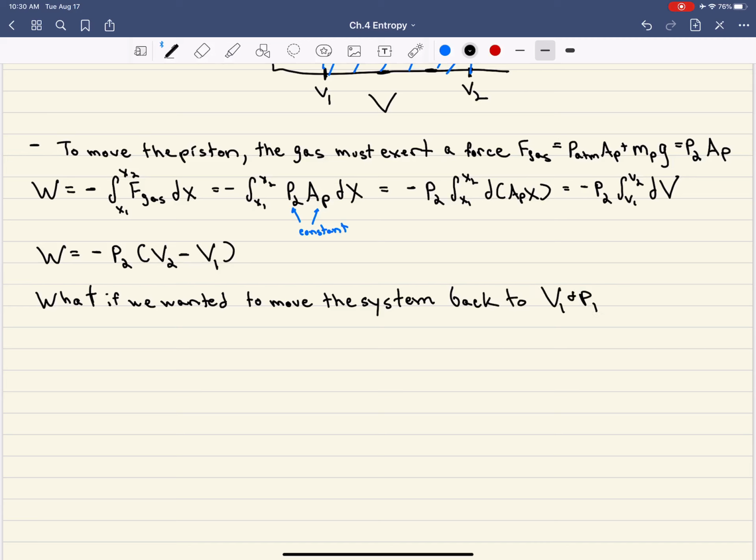Okay? All right, in that case, we can split up the backward process the same way we split up the forward process.